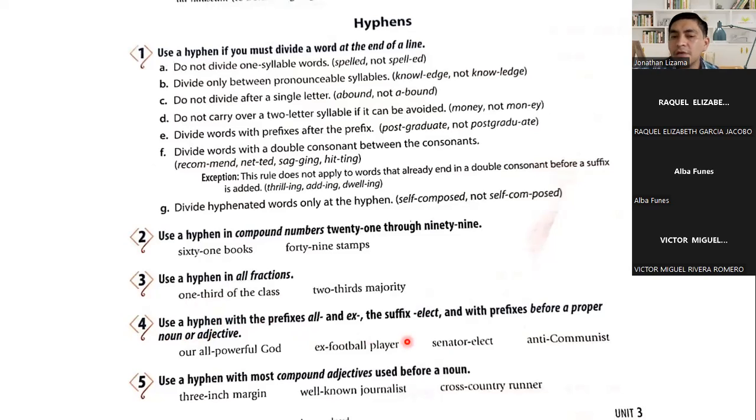So you can, if you want, use the hyphen. And the last one, use a hyphen with most compound adjectives before a noun. 3-inch margin. Oh, this is the same rule as rule number 2. So if you're having cross-country runner, every adjective which is a compound word before a noun can have a hyphen in the middle.